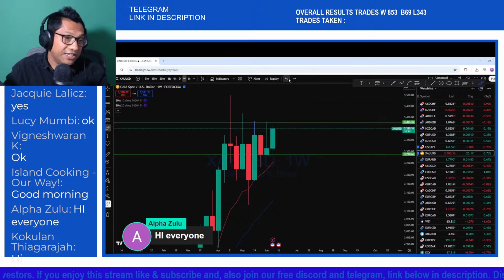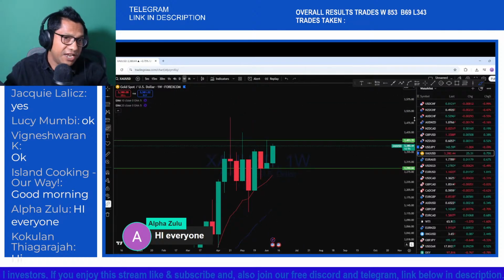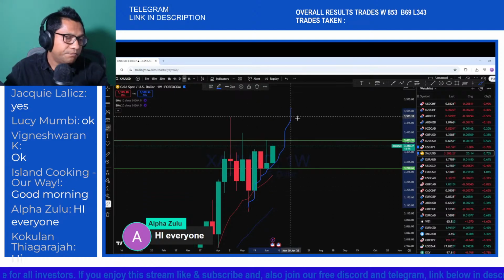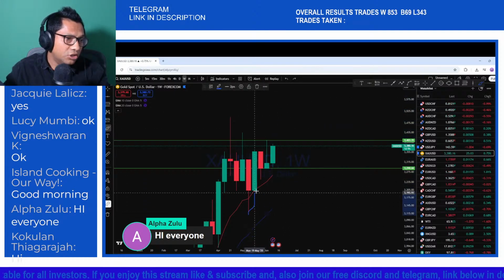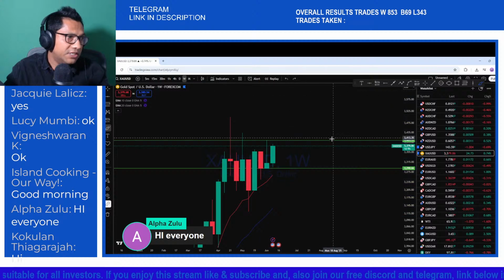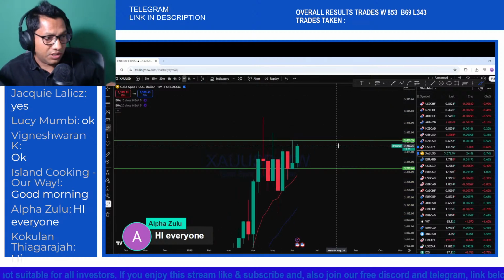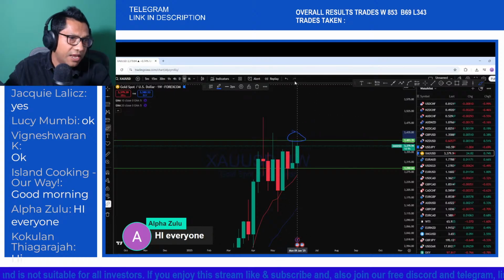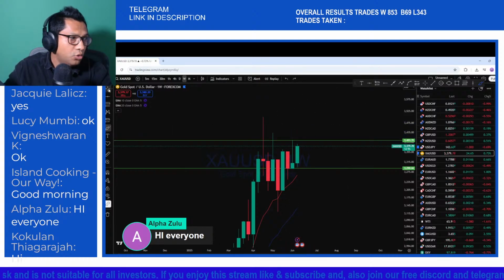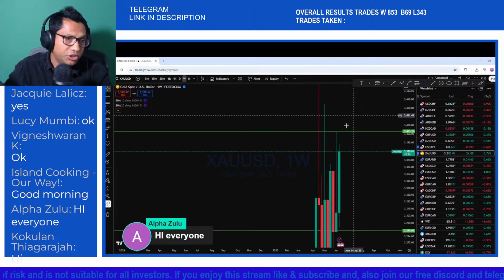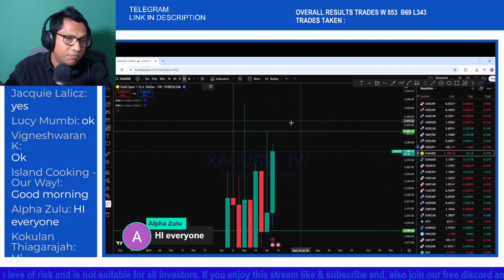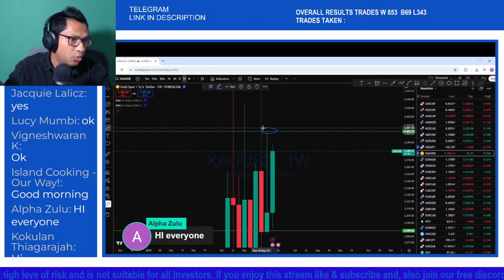With this series of higher lows, XAUUSD is currently approaching that key resistance level, and we might see the market go back up to retest the monthly and weekly resistance line.